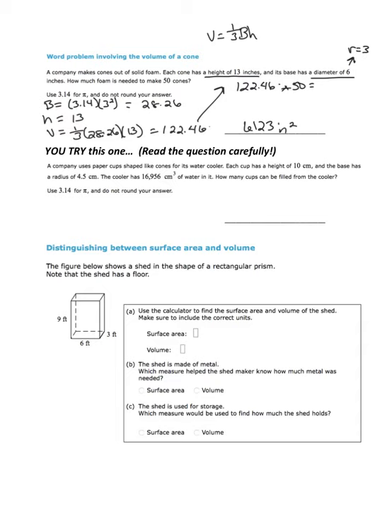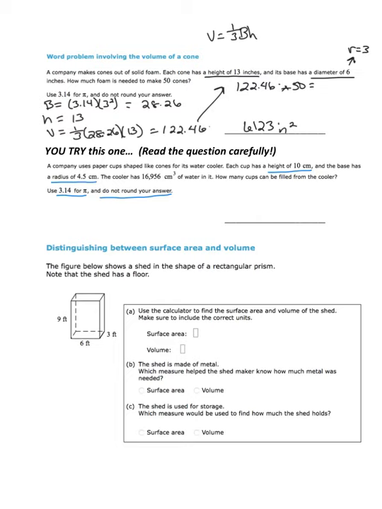So let's do another one. And you're going to do another word problem, something different. All right, so you stopped it and you did the work. Now let's see. Each cup has a height of 10 centimeters. Base has a radius of 4.5. Use 3.14 for pi and don't round.